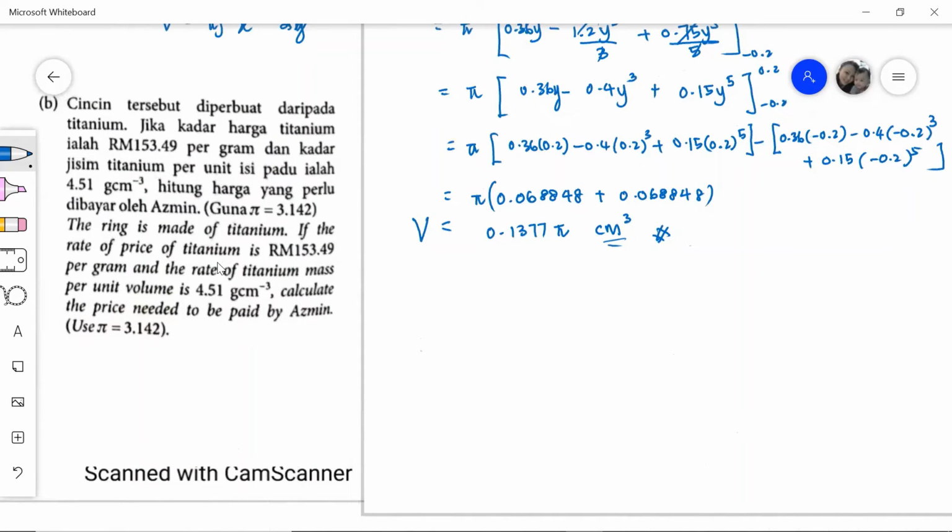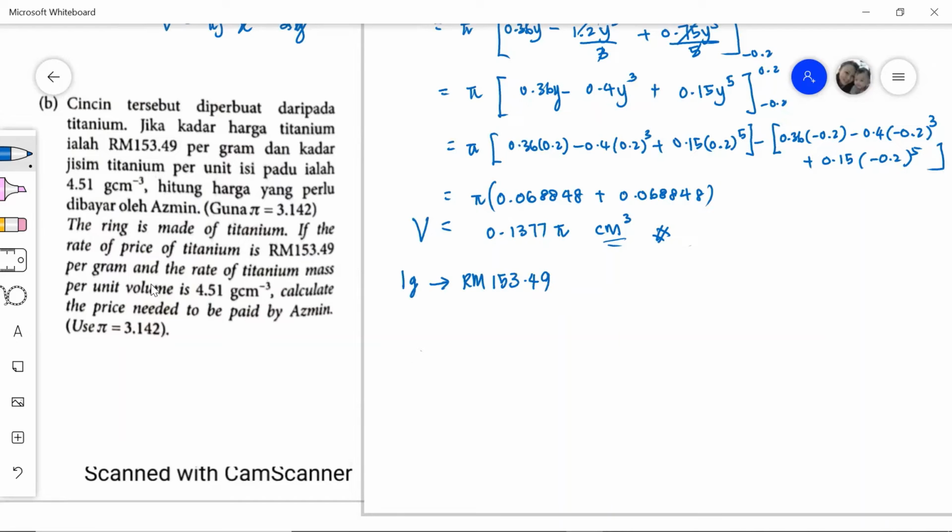Okay, now let's look at question B. The ring is made of titanium. The rate of the price of the titanium is 153 ringgit and 49 cents per gram, which means for every 1 gram of titanium, it is 153 ringgit and 49 cents.